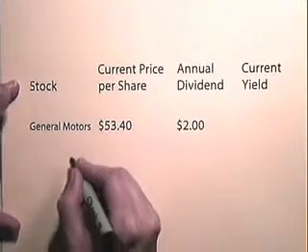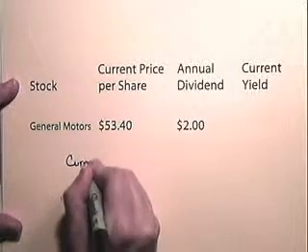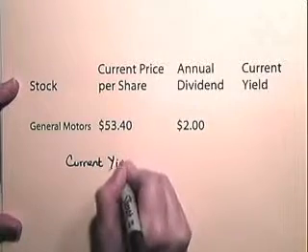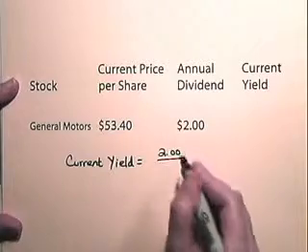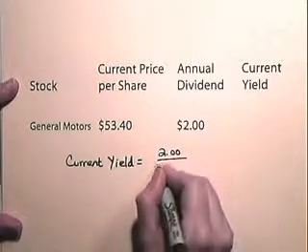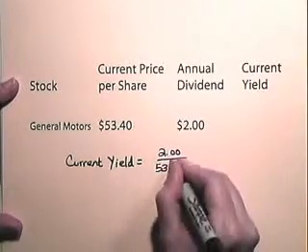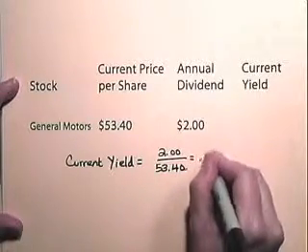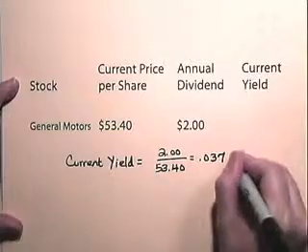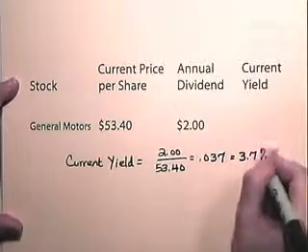So the current yield will be $2, which is the annual dividend, divided by the closing price per share, $53.40, which gives us 0.037 or 3.7%.